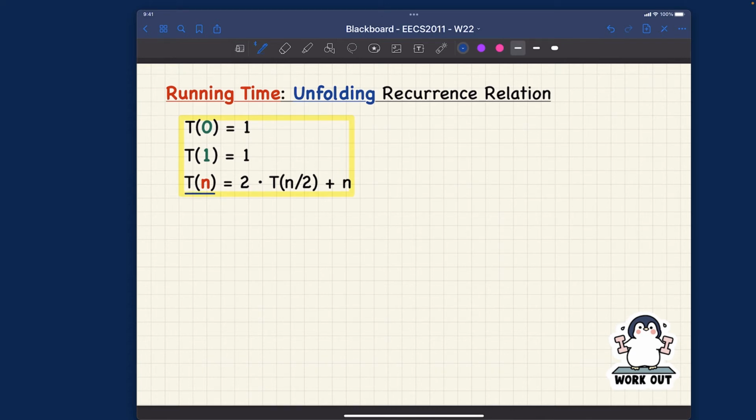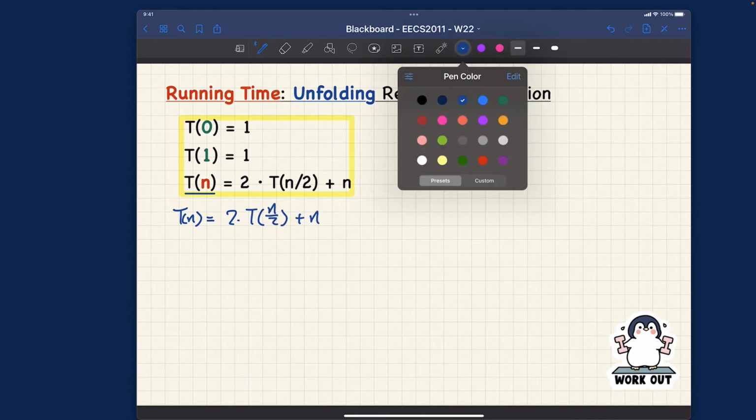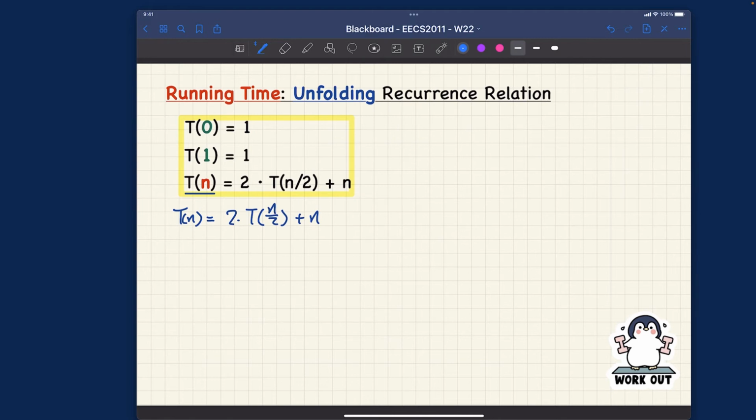Let's write it down: T of n, by definition, is 2 times T of n over 2 plus n. And let's do the first unfolding. Let's say I want to unfold this expression over here, meaning that we substitute n by n over 2. That means every occurrence of n over here is going to be replaced by n over 2.